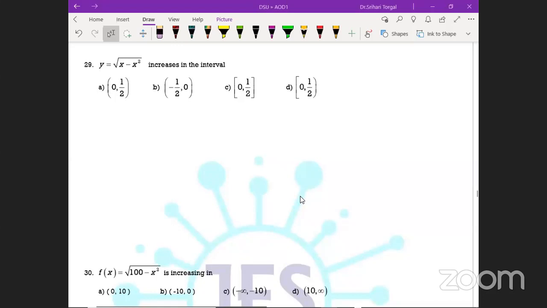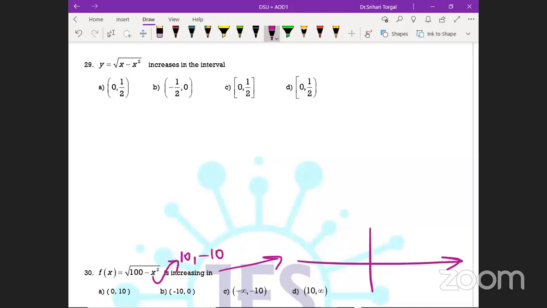Yes. I'll explain question number 30 first, then I'll go for that. So tell me what are the two numbers I have to substitute here to get the answer as 0. That is, one is 10, another one is minus 10, right? And you know that when it is a square root, you will get a parabola like this, or it is a circle like this, minus 10 and plus 10.